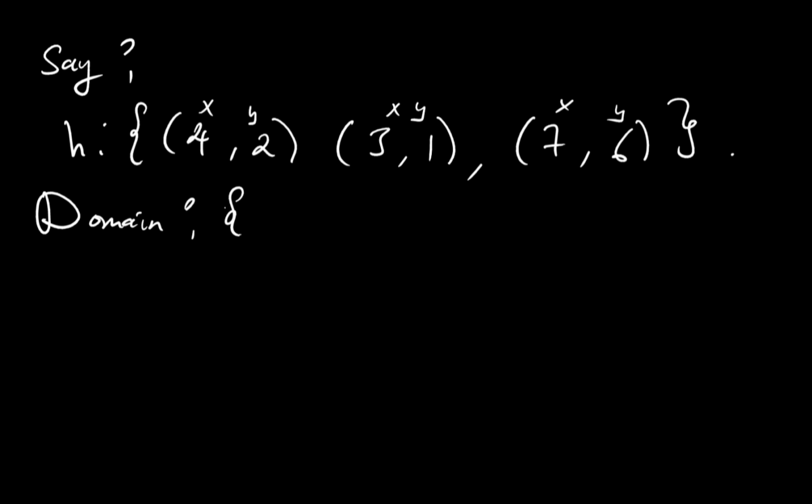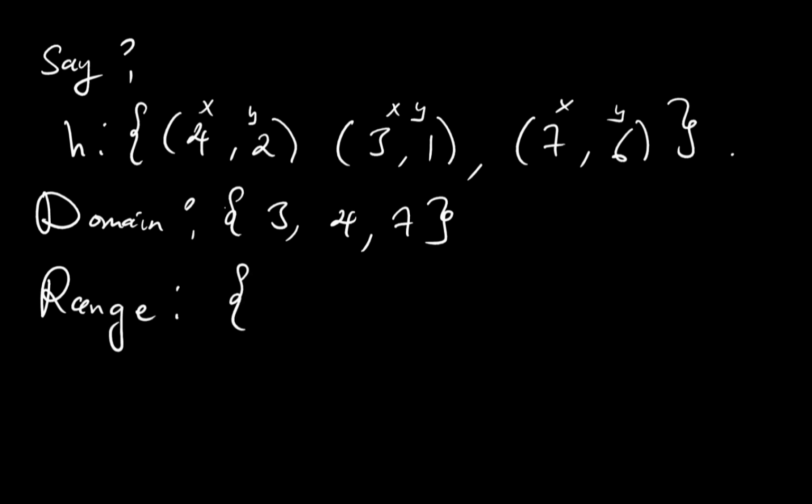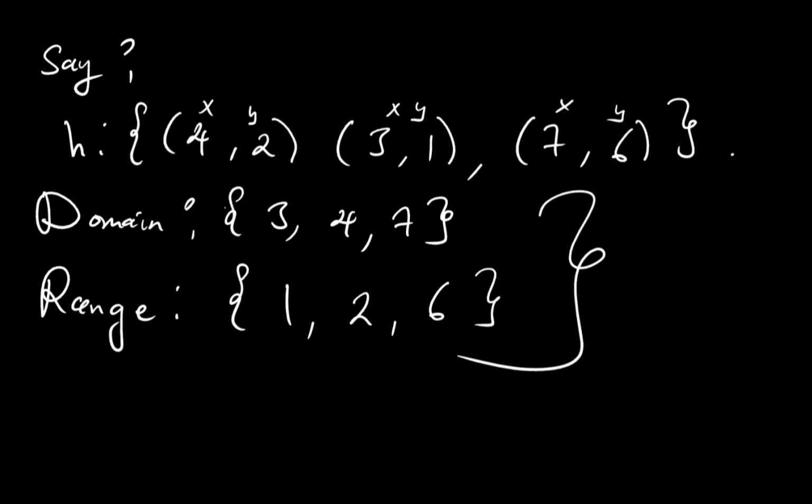So the smallest x value is 3, then we have 4, and lastly 7. So these are all the possible x values, the domain values, the input values. Then if we're told to find the range, the range will be all the possible y values, starting with the smallest, and that is 1, going to 2, and then 6. So these are the values that we have.